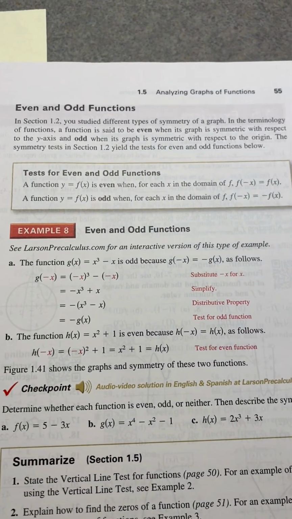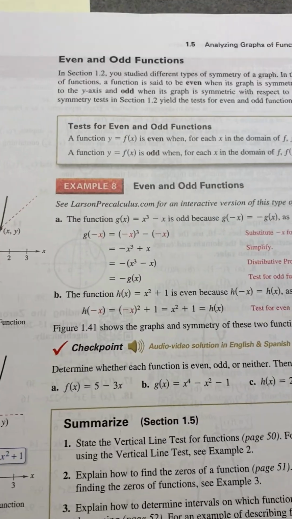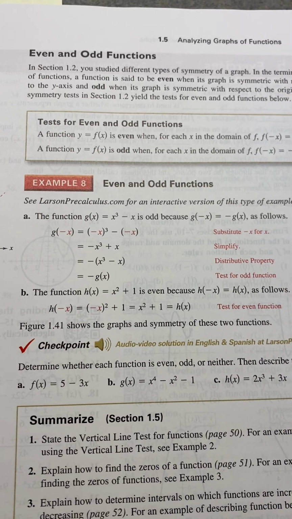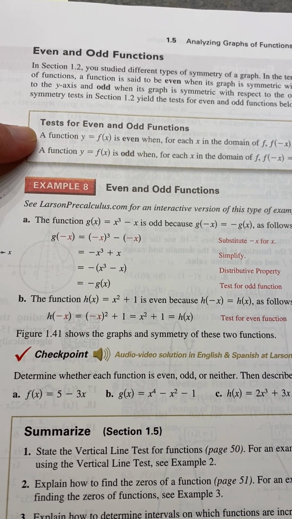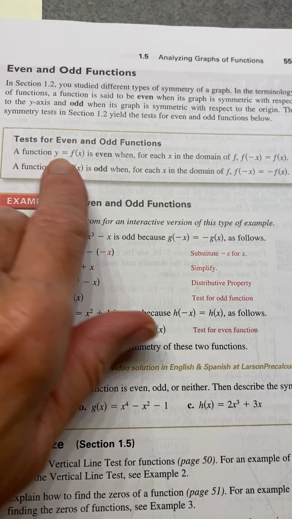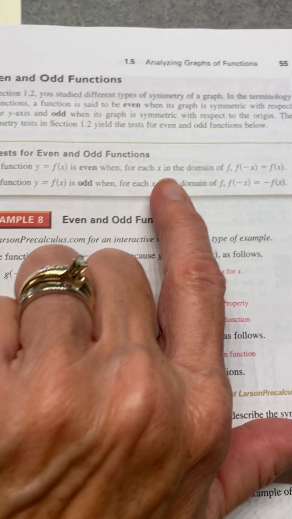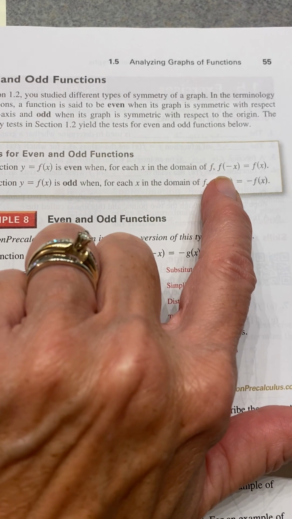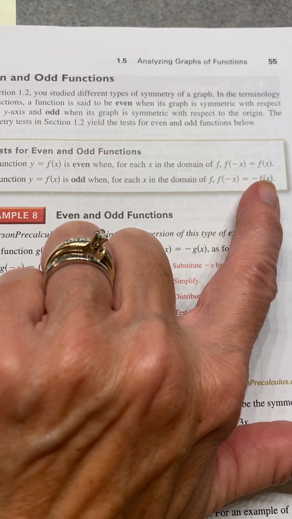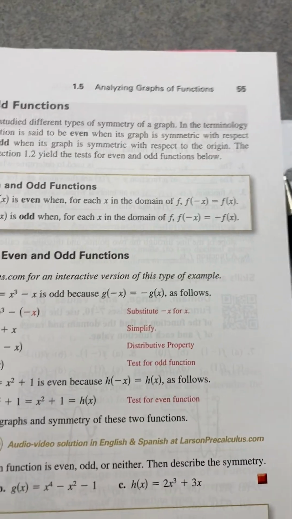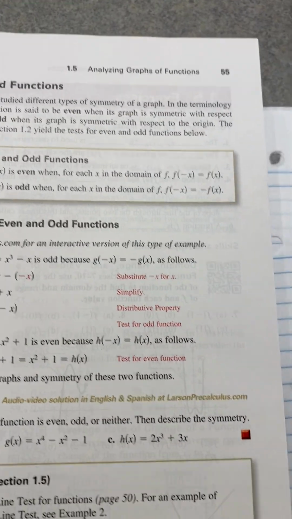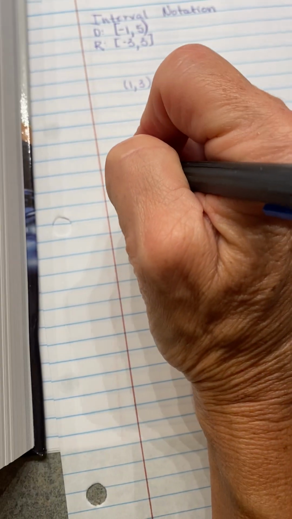The last topic in 1.5 examines even and odd functions. And here are a couple of tests. An even function is, for each x in the domain, f of negative x equals f of x. Oh, that's interesting, isn't it? So what's an example of an even function? Well, let me show you an example right over here.